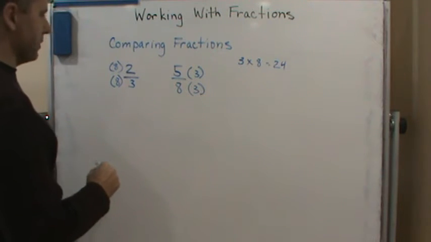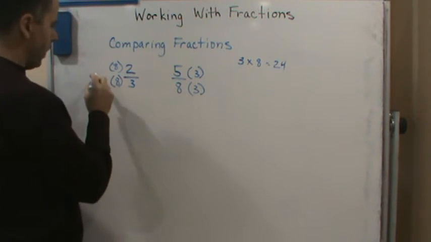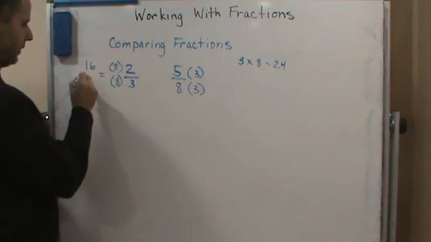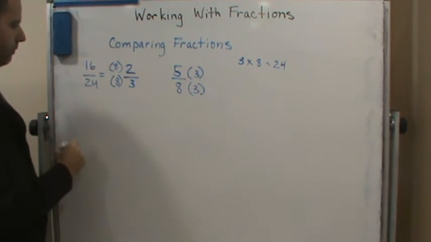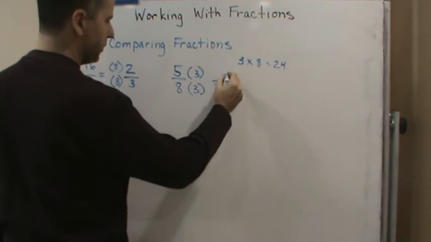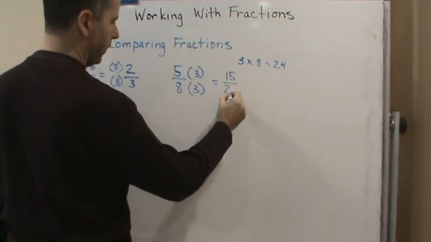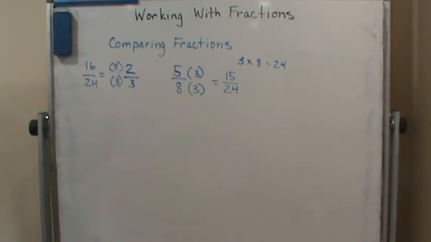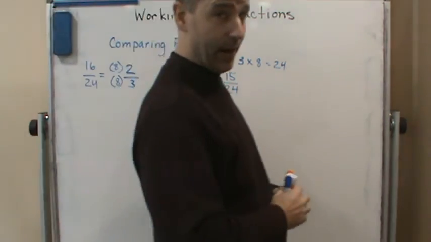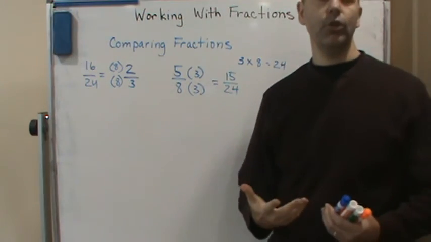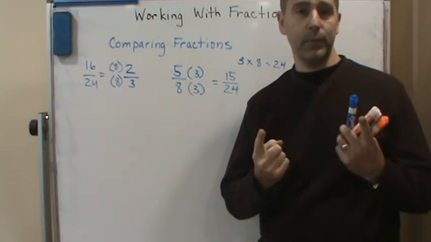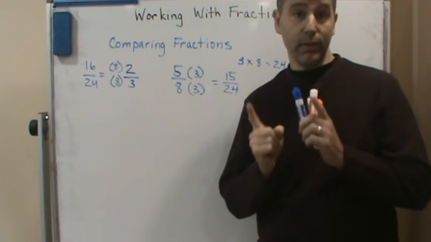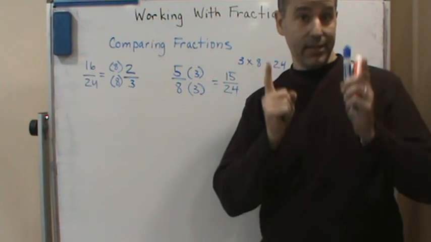So now, what happens? This one becomes 16 over 24, and this one equals 15 over 24. Now that they're the same kind of fraction, all we have to do is look at the numerators, because the numerators tell us how many pieces we have, and the one with more pieces is larger.